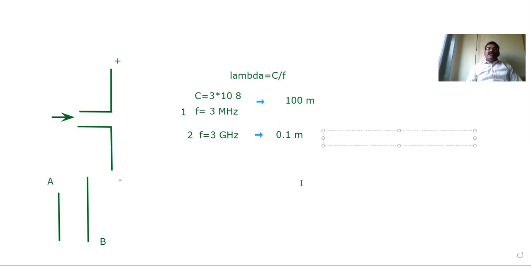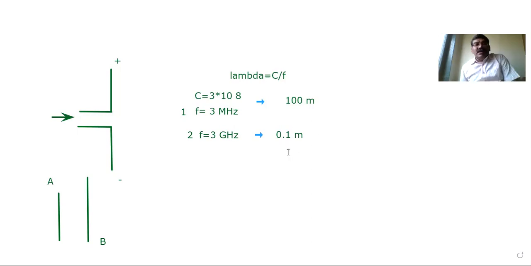But here I want to explain that depending upon the wavelength, the antenna height will change. Last time we discussed the lambda by 2 antenna in practice. Lambda by 2 means half the wavelength.